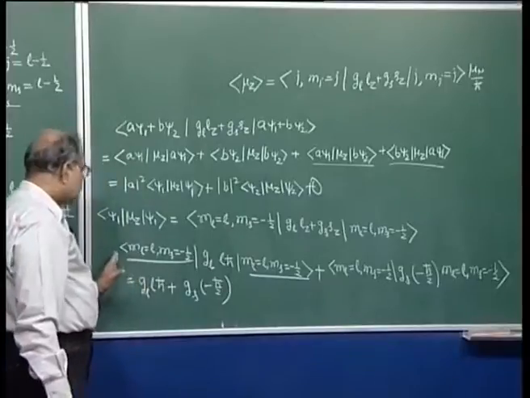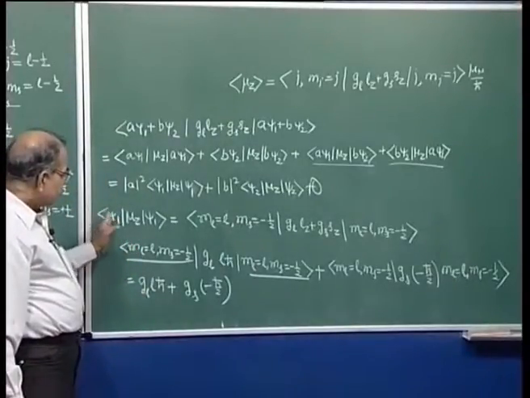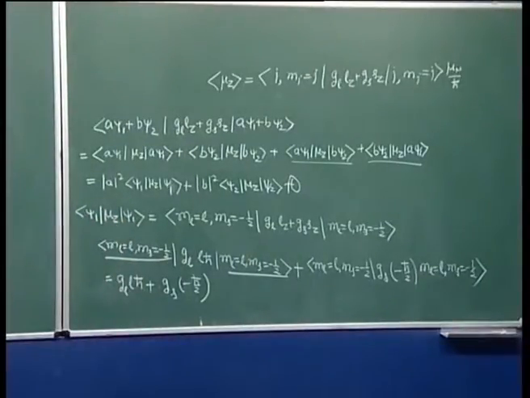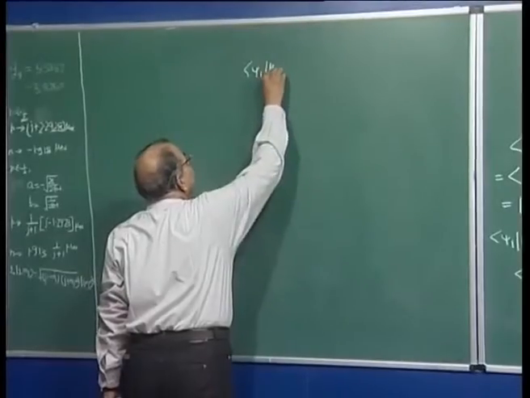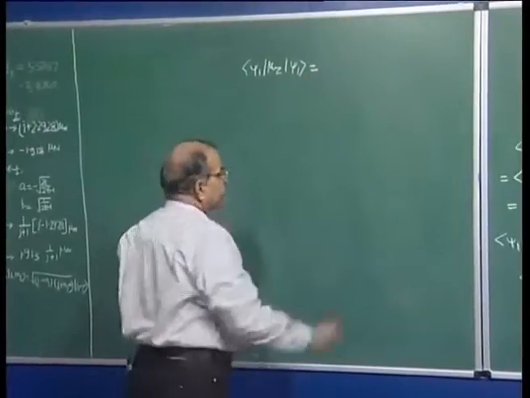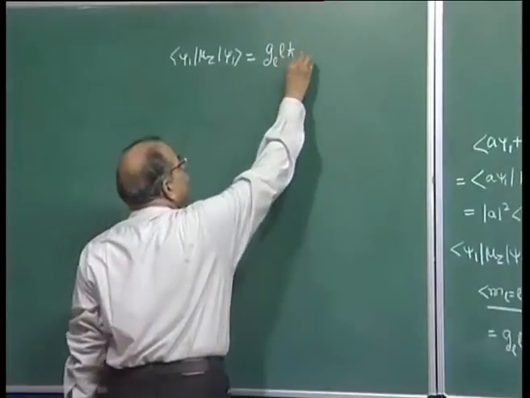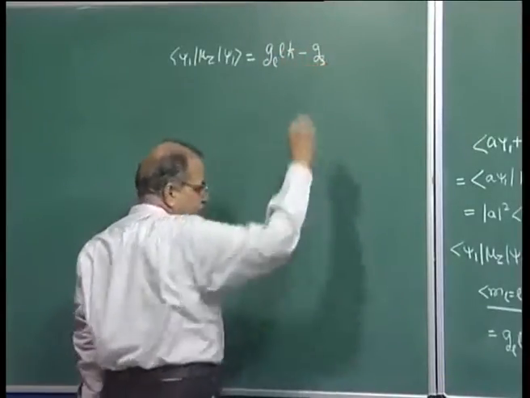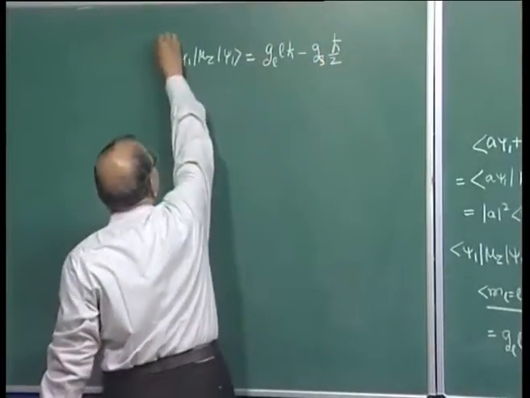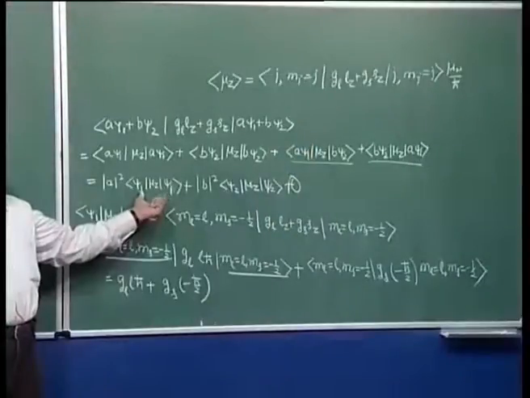So, what is this quantity? This quantity we have evaluated, psi 1 mu z psi 1, which is equal to GL L h cross minus GS h cross by 2. Just keep it here.